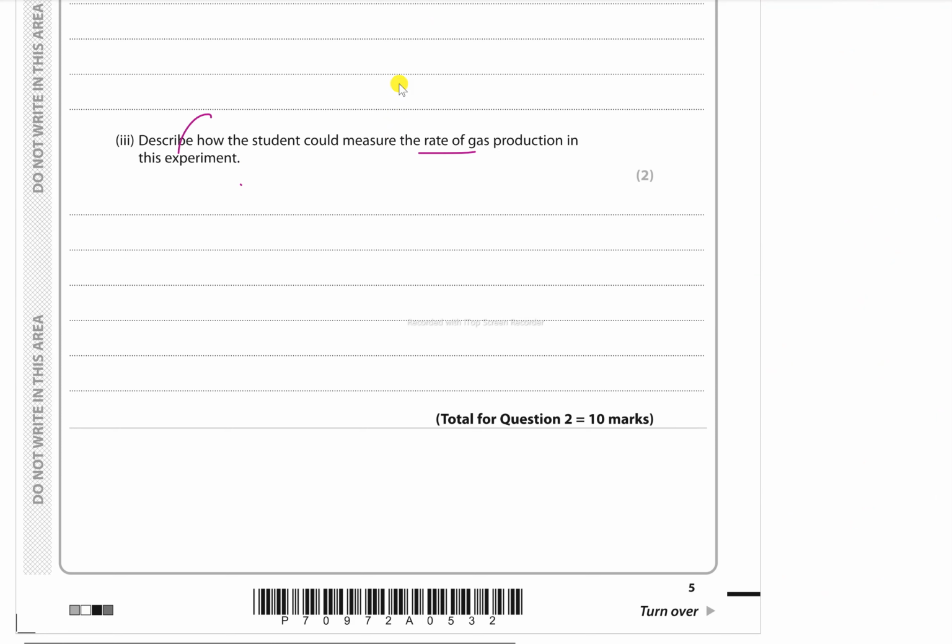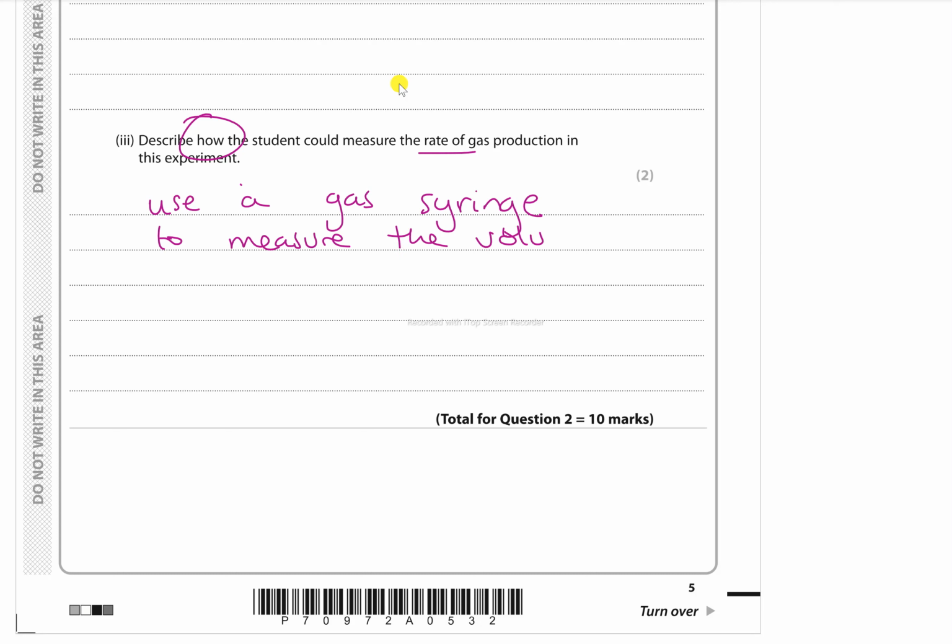It's asking you how it could. Use a gas syringe to measure the volume of gas produced.